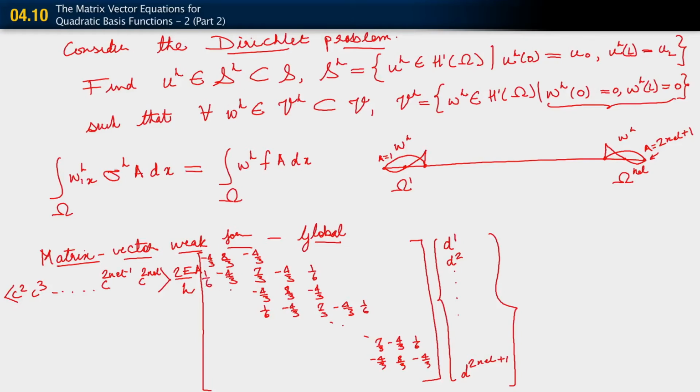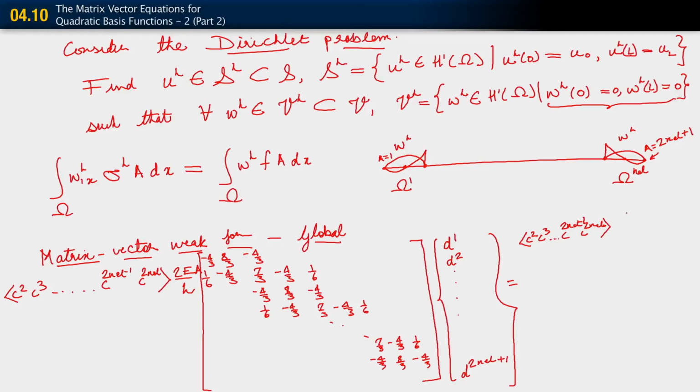That's what I need. We have this equal to, on the right-hand side, our C2, C3 vector going all the way down to C2NEL minus 1 and C2NEL.